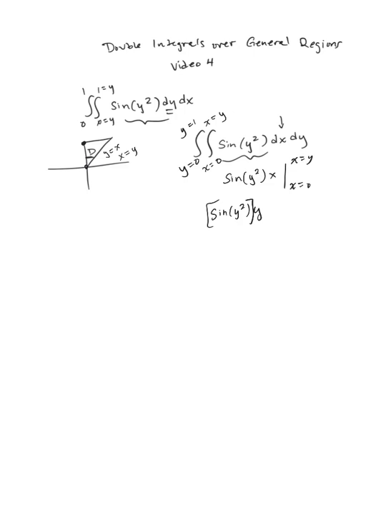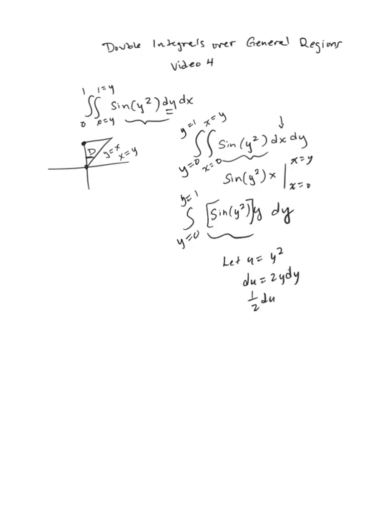However, when we go to integrate this now, we're going to have a technique that we learned in Calc 1. What technique is that? That's correct, u substitution. So we're going to let u equal y squared, then du is 2y dy, so a half du.